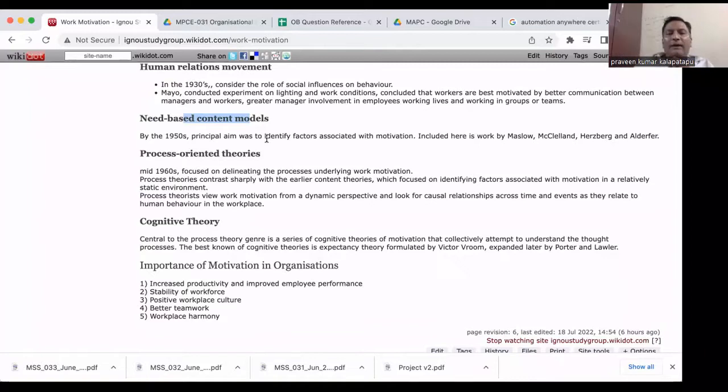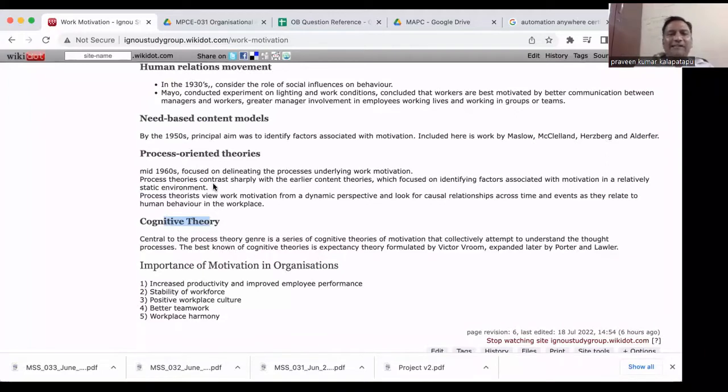Now, cognitive theory is just a central part of process theory itself, so it doesn't really classify as a separate classification. It is to understand how the thought process really works, how behavior really works.